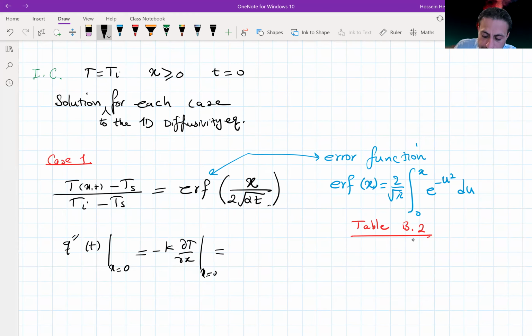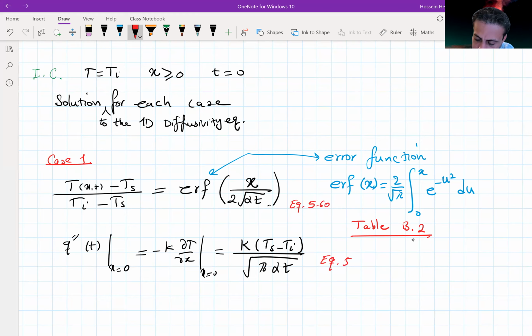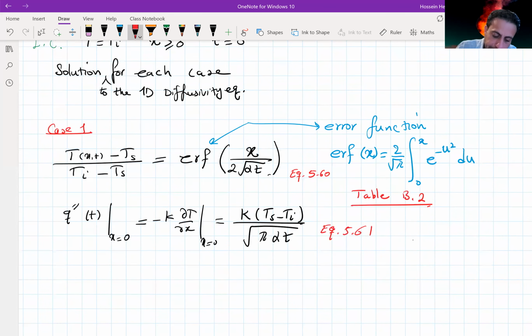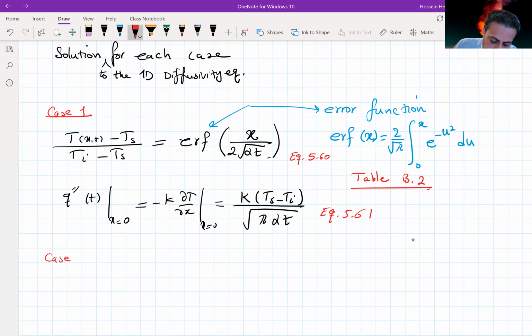So if you take the derivative of the above equation and do the math here, you're going to get k (Ts minus Ti) divided by square root of pi alpha t. And these are going to be in your text, equation 5.60 and equation 5.61.